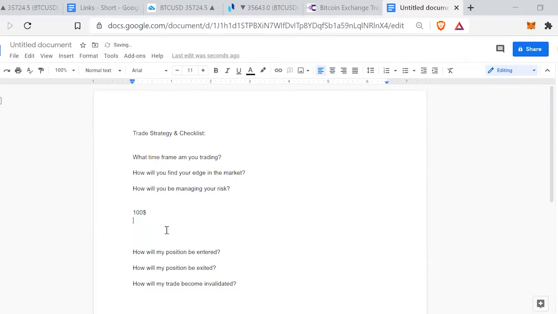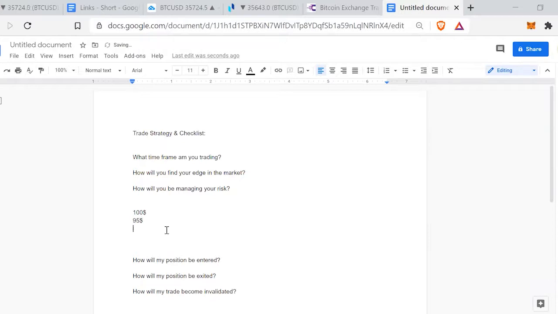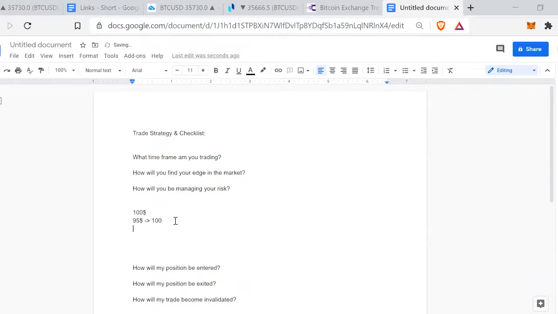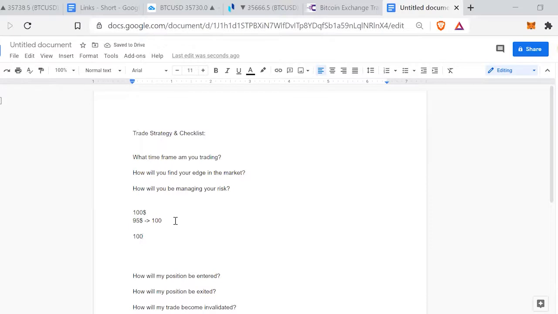Now, if you lose your first trade and you're down to $95, all you have to make back is about 5% profit on your $95 to get it back to $100. But let's say you have $100 and you didn't manage risk properly and you lost 50%, and now you have only $50.